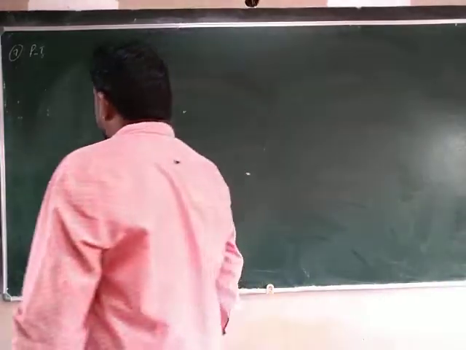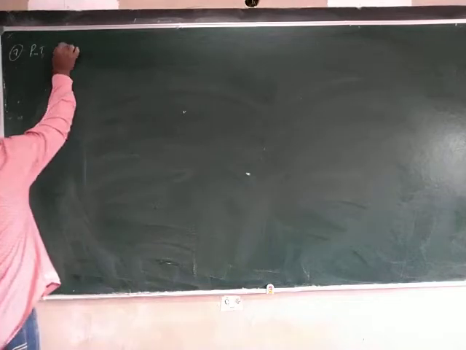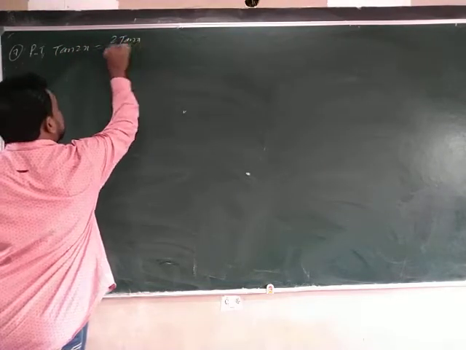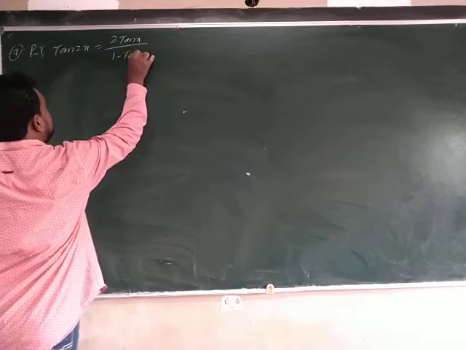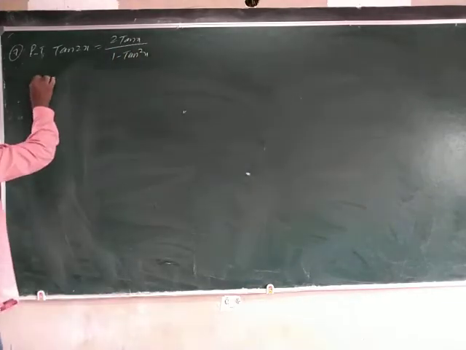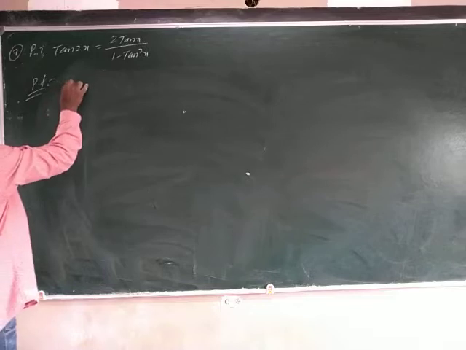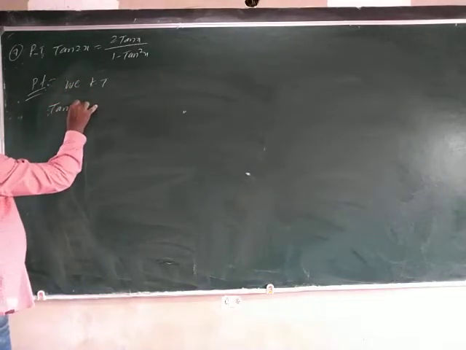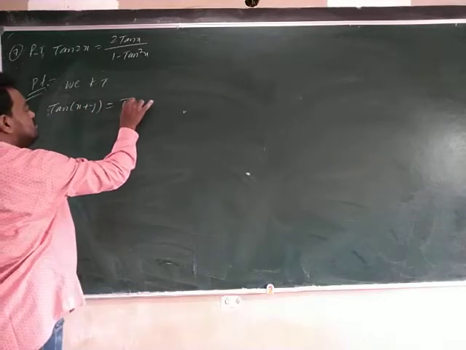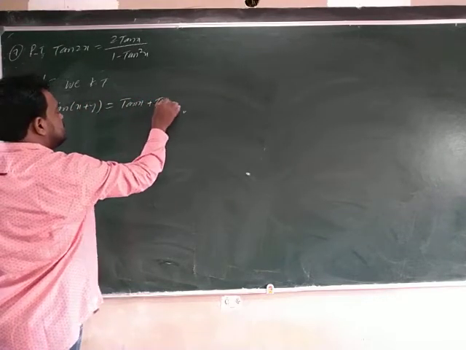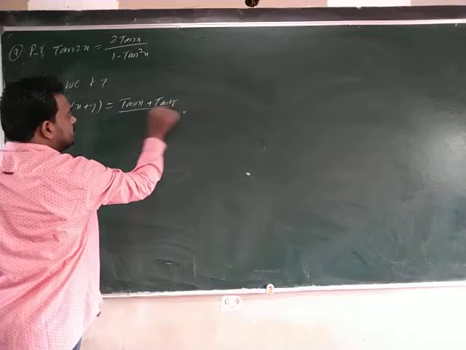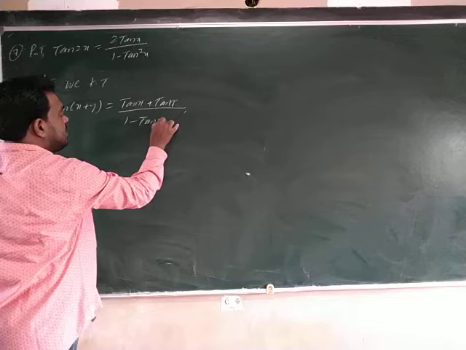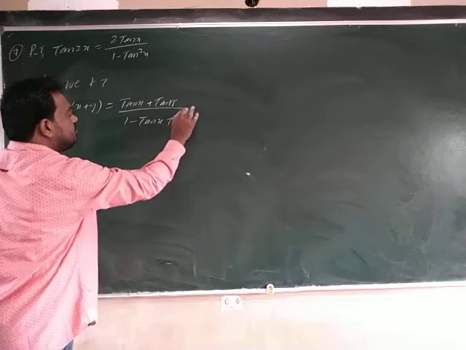Next, seventh one, prove that tan 2x is equal to 2 tan x by 1 minus tan square x. Proof, you see, we know that tan of x plus y is equal to tan x plus tan y by 1 minus tan x into tan y.